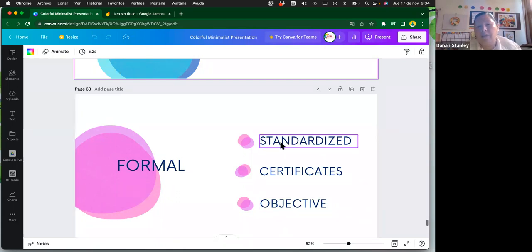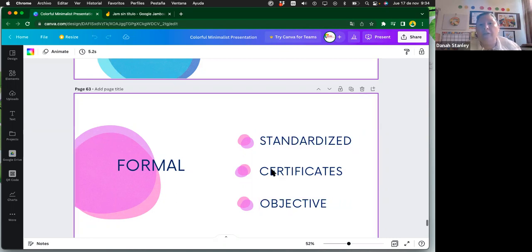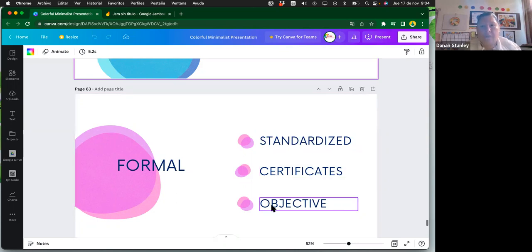And these kind of exams are objective. For example, the TKT Module 2 test is a standardized certification, which is objective, because you know or you don't know.